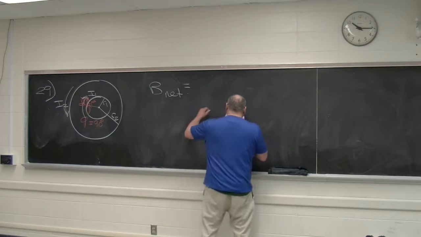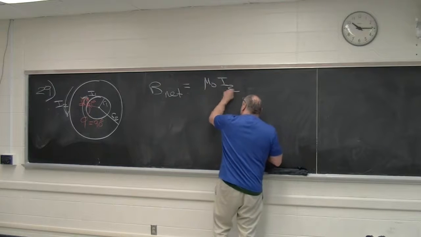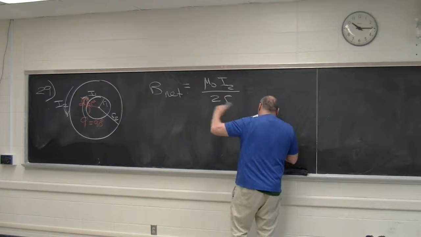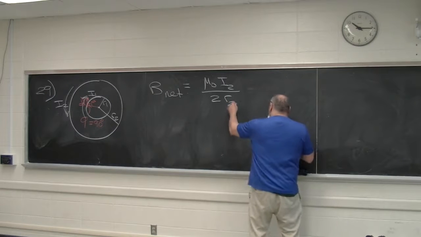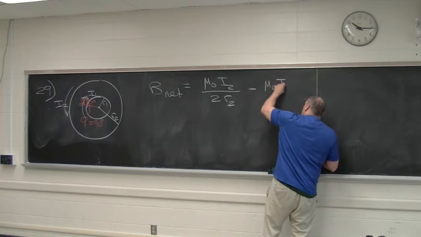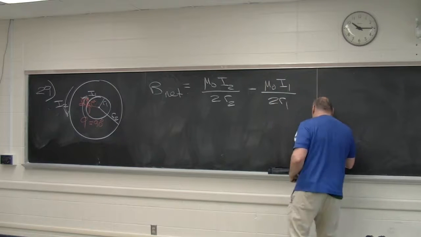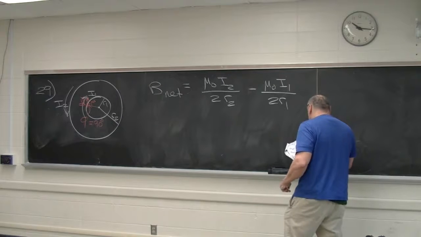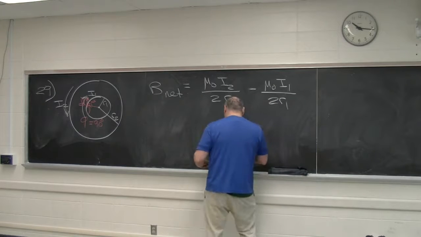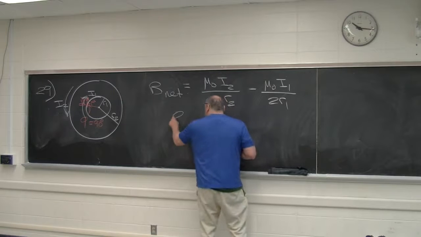The guy coming out of the board, let's call him positive. So if that's going to be the case, write it like this. I already saw me do that right hand rule to get this guy to work. And then the guy going into the board is this. You got it. At the end of the day, let's see what we can say here. We got this.